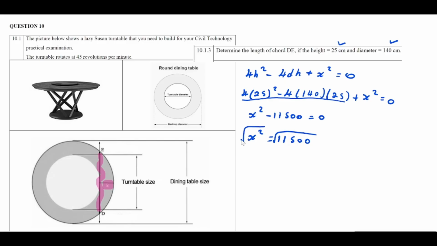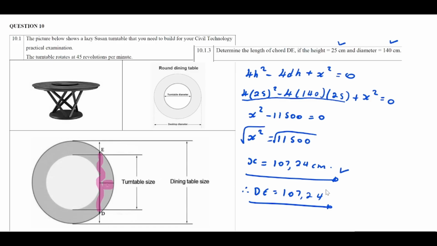You take the root also on this side, and then you get that the length of the chord is 107.24 centimeters. That is the length of your chord DE. You can finalize it and say that DE is 107.24. Whether you leave it here or you leave it here, it's still okay.